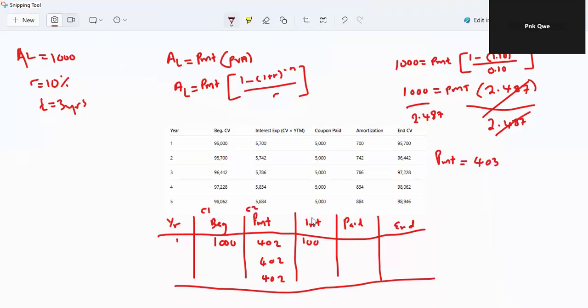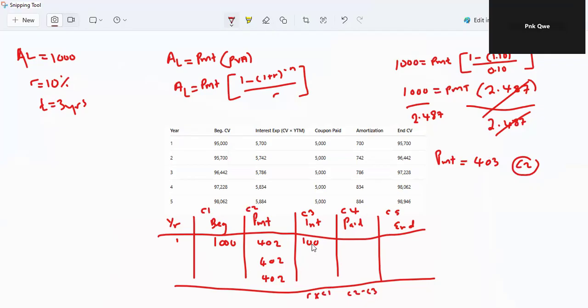So this is column 1, column 2, column 3, column 4, column 5. Please follow me closely. How do we get column 2? It's the payment that we calculated already. How do we get column 3? Interest rate times column 1. Column 4 is column 2 minus column 3.